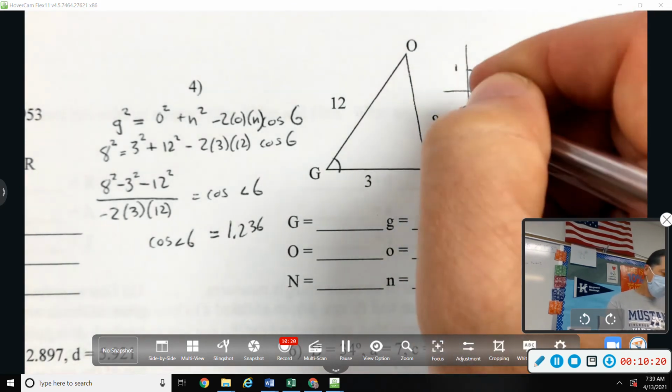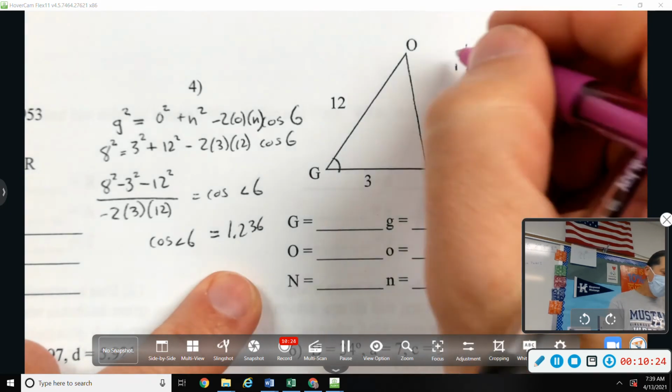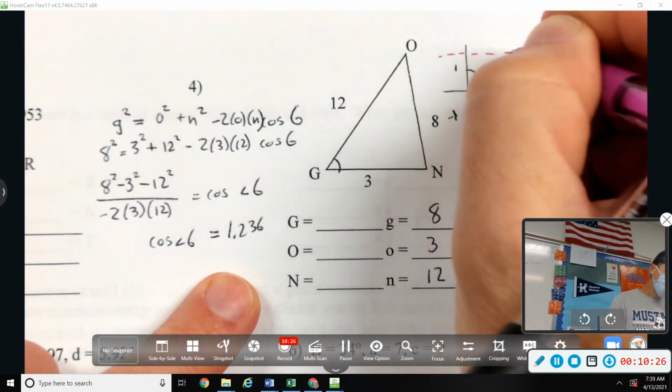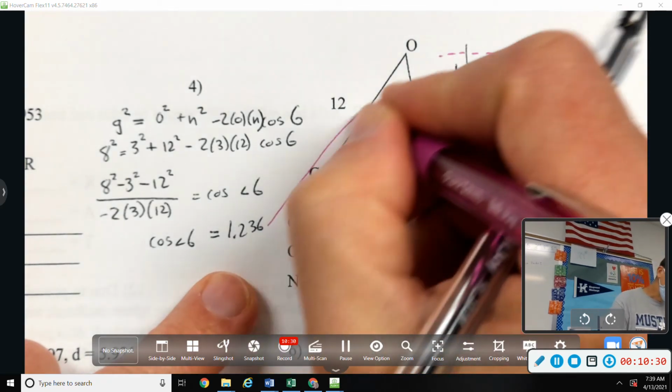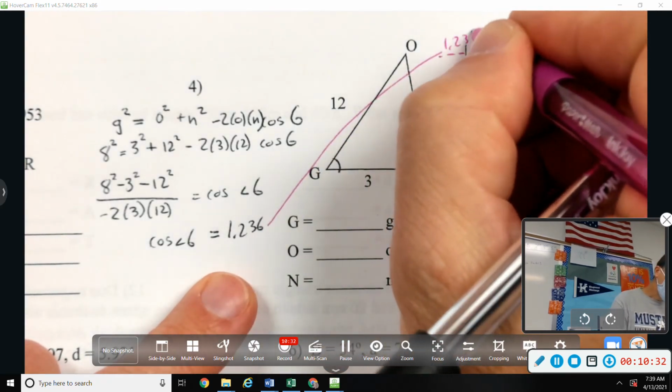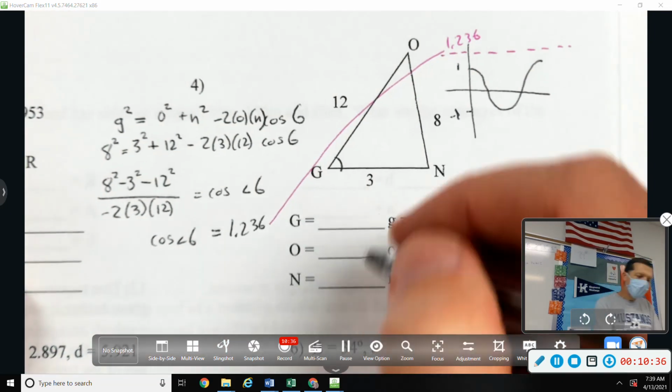So when you ask the calculator to find an angle whose cosine is 1.236, there's no such angle, because cosine never gets up that high. So this doesn't work. This is no triangle.